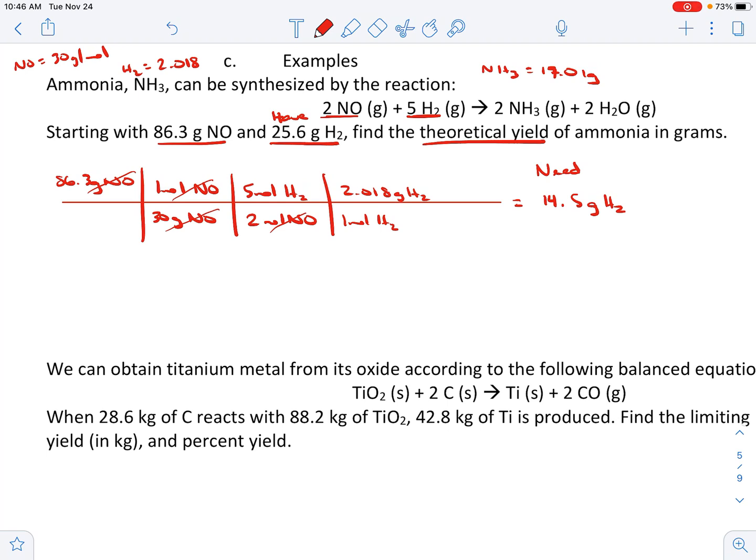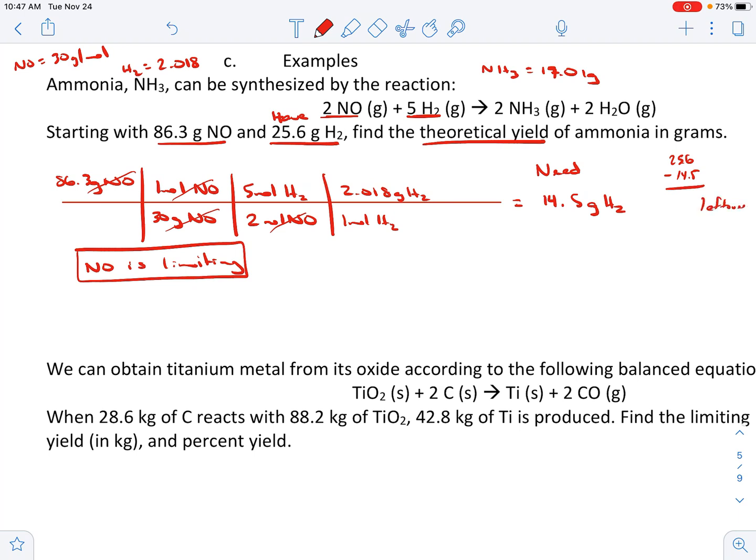So first off, we're going to say NO is limiting. It is the thing we're going to run out of first. All right, NO is limiting. That's our first step. Even though that wasn't really asked in the problem, that is what we've got. If this question asked how much excess reactant was left over, we would take 25.6 minus our 14.5, and that would tell us how much is left over.